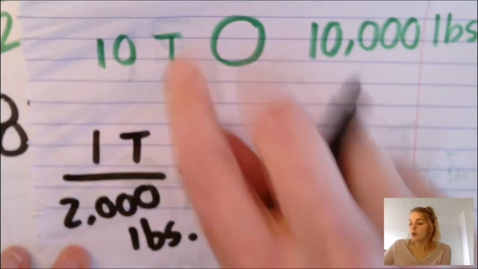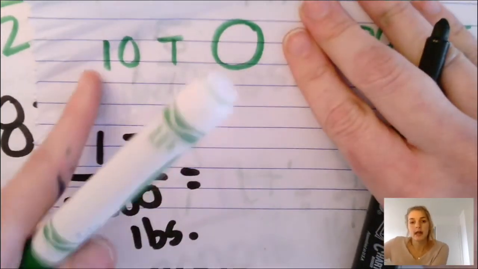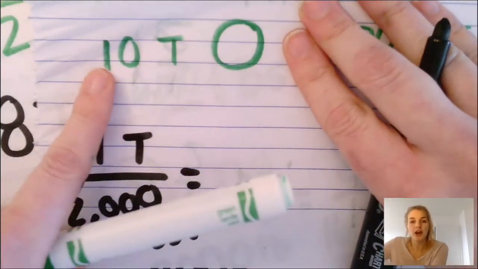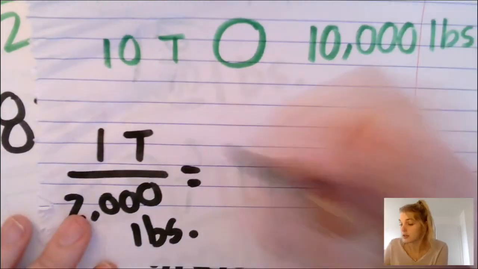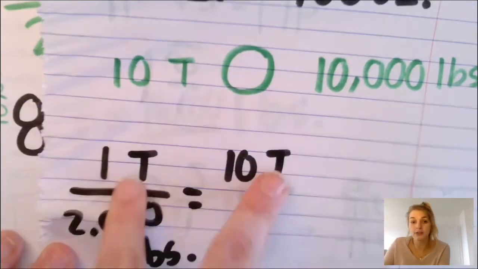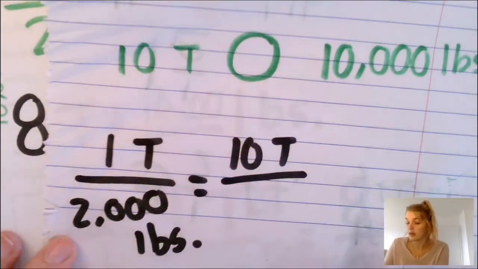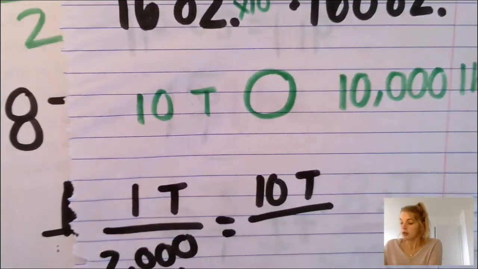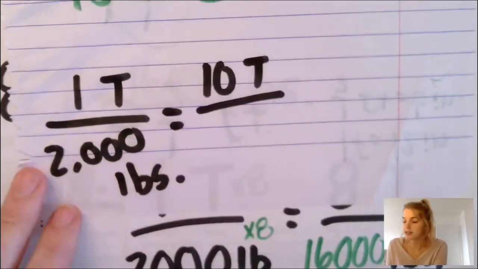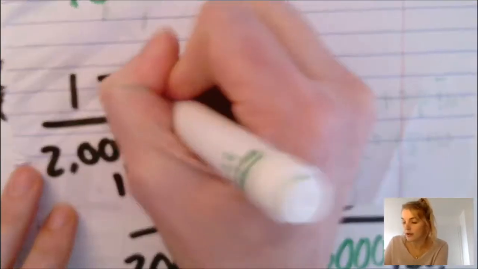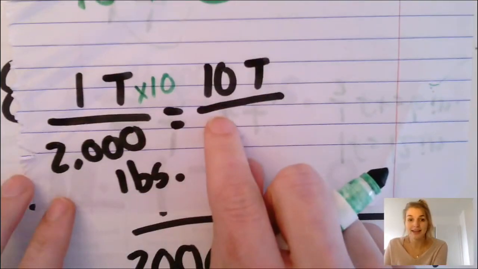Okay, and all we're worrying about is 10 right now. So we know that there are 10 tons. And remember, we want to keep the tons together. So 10 tons would be with the other tons. Now let's look at the next step. How did we get from 1 ton to 10 tons? Well, 1 times 10 is 10.